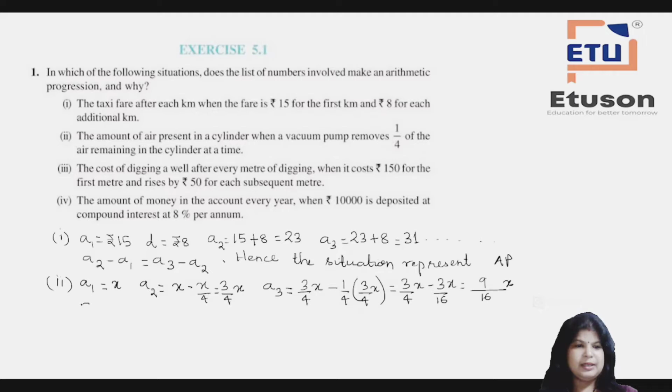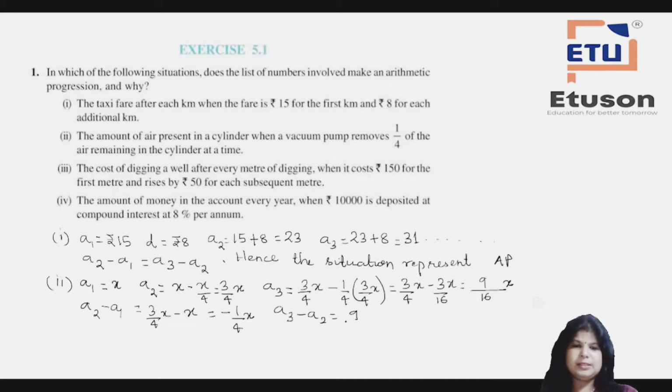Now you see here, is A2 minus A1 equal to A3 minus A2? Definitely not. So here A2 minus A1 is equal to how much? It is 3 by 4x minus x, which is nothing but minus 1 by 4x. What about A3 minus A2? Is it equal to minus 1 by 4x?